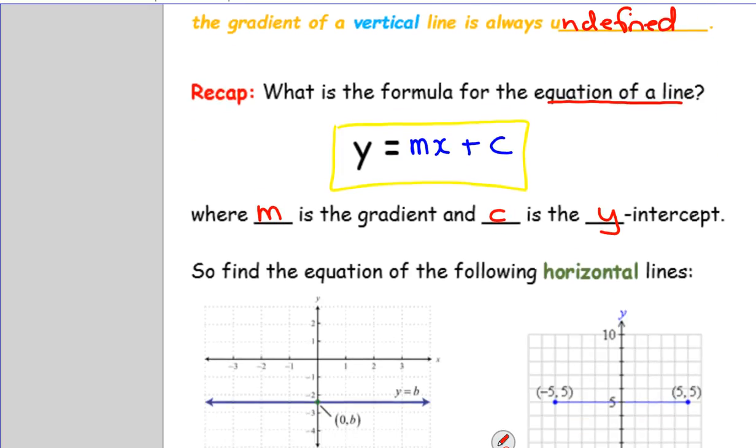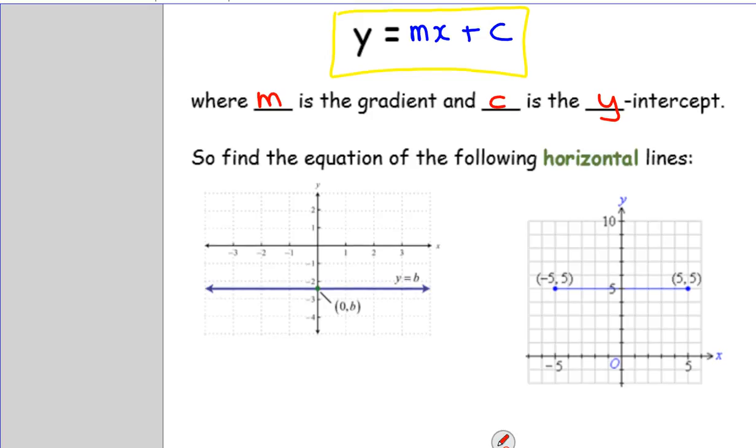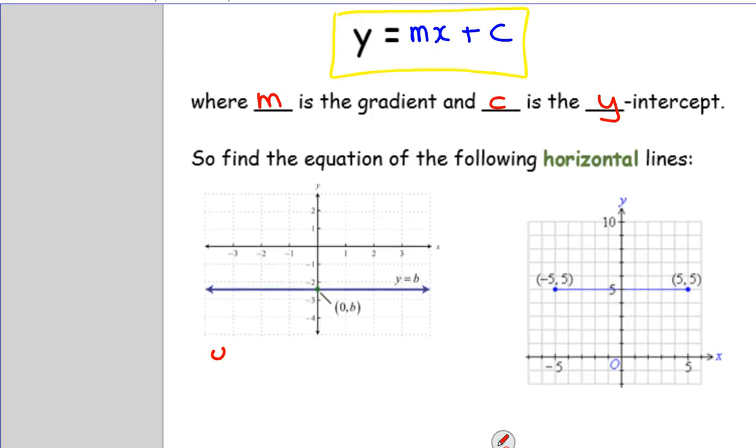Find the equation of the following horizontal lines. Remember it's y equals mx plus c, in case we forgot. What is the gradient of a horizontal line always equal to? The gradient of a horizontal line is always equal to 0. So we can say y equals 0x plus, and what's the y-intercept?